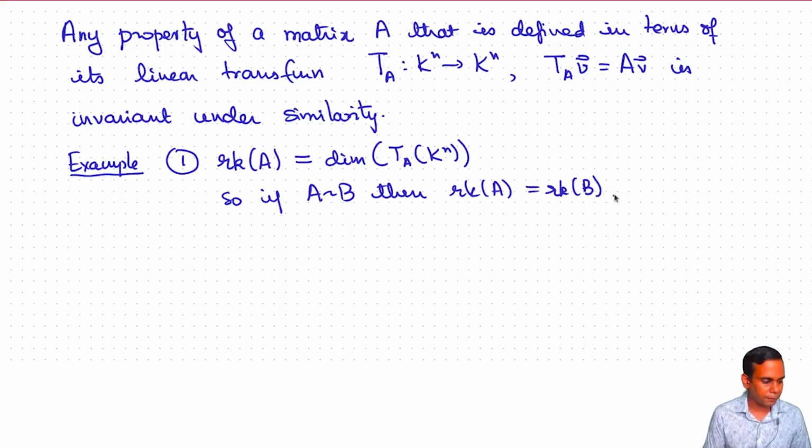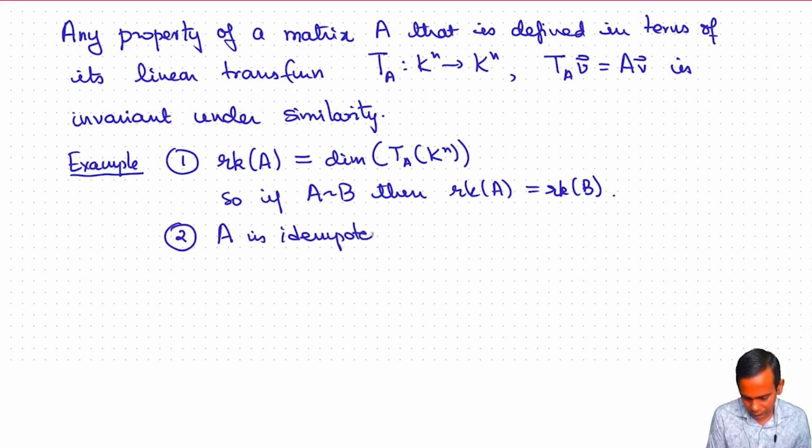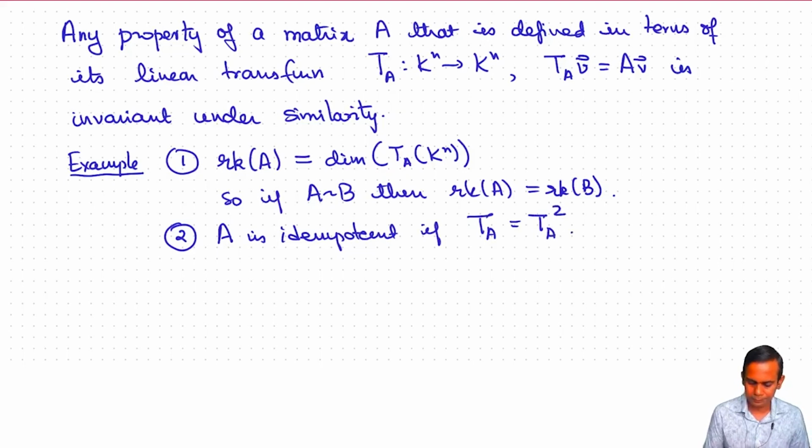Okay, we can define a matrix to be idempotent. A is idempotent if TA is equal to TA squared. So this is the definition of idempotence.